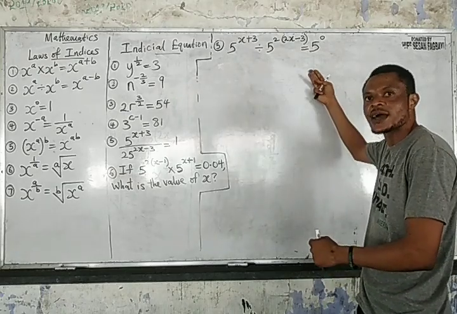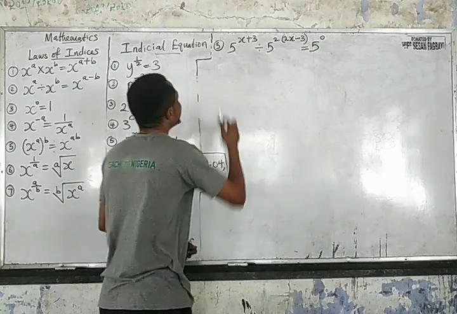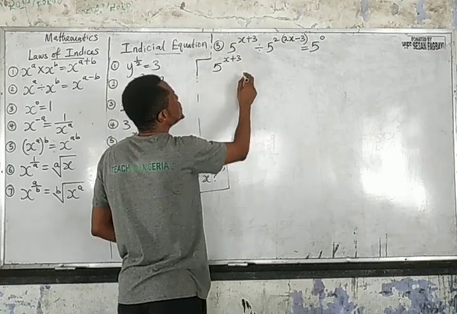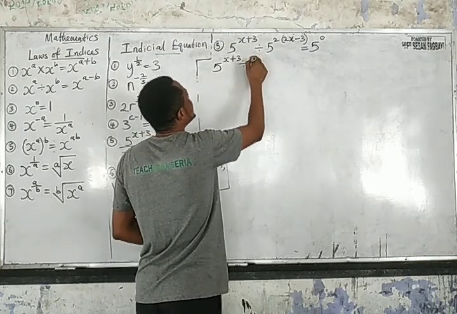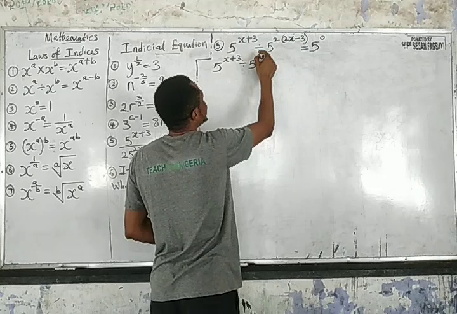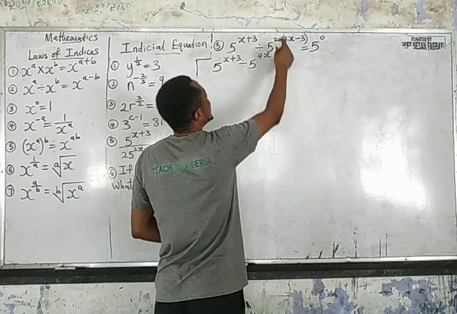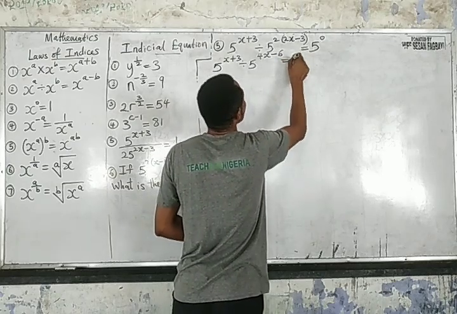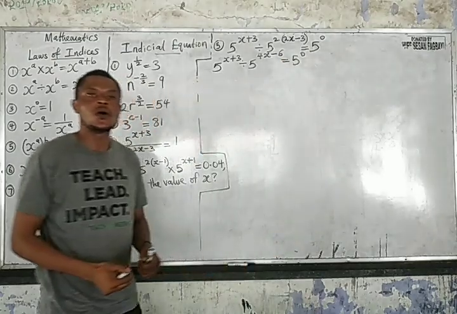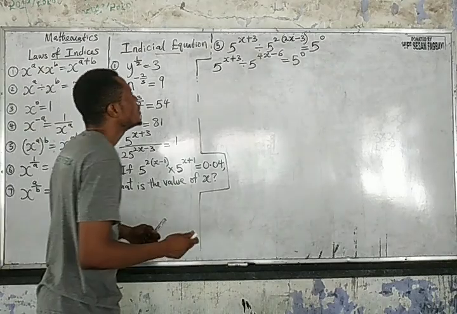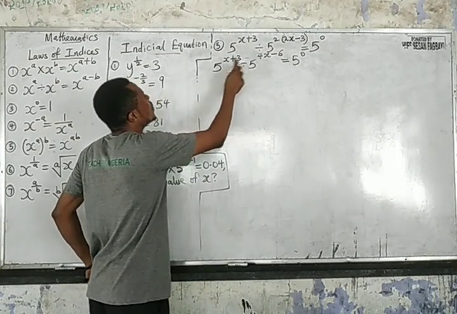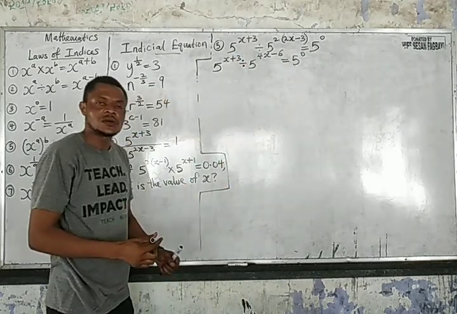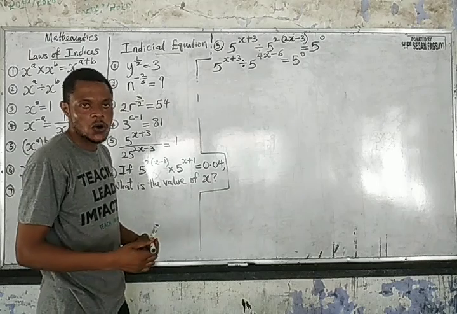Now it's getting clearer. Now we proceed by saying 5 raised to power x plus 3 divided by 5. We open the bracket here. 2 multiplied by 2 we have 4x, and 2 multiplied by minus 3 we have minus 6, to give us 5 raised to the power of 0. This division sign will become minus by the time we apply the second law of indices.